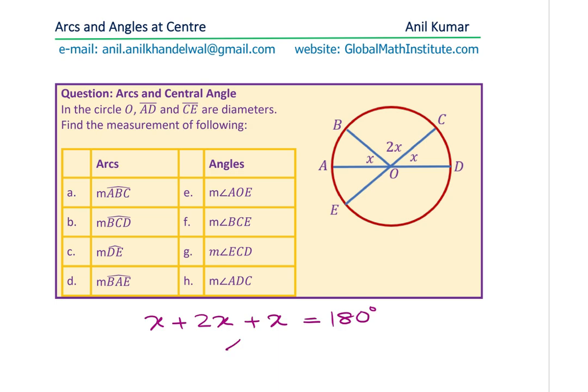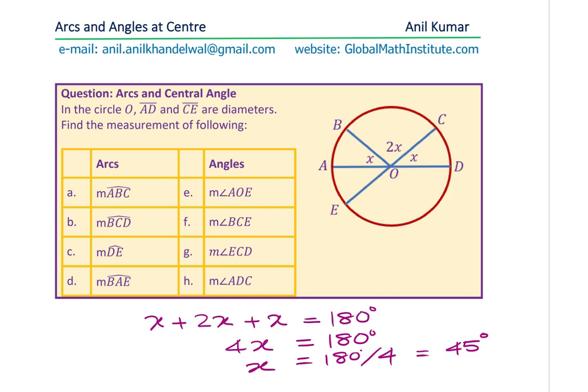So we have 4x equals 180 degrees, and that gives you the value of x as 180 degrees divided by 4, and that is equal to 45 degrees. Half is 90 and half of that is 45. Now we know the value of x is 45 degrees, and now it's easier for us to find all the angles, correct?